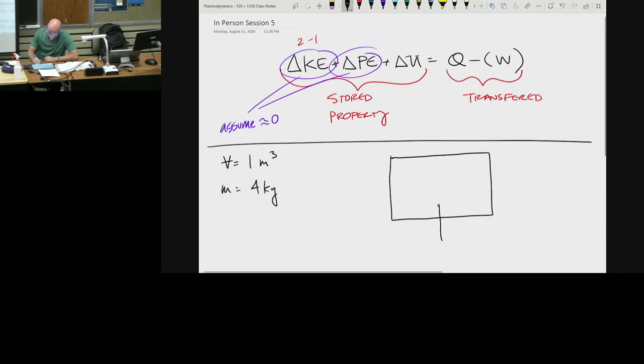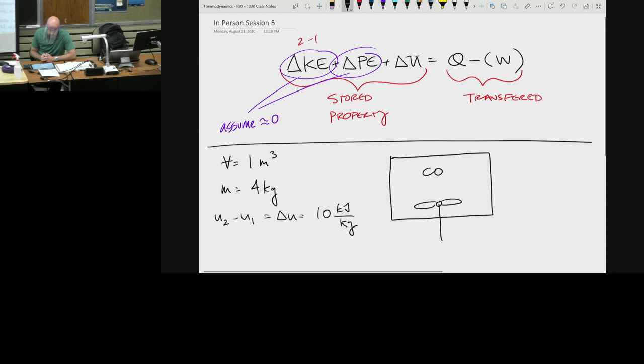And we're going to put a paddle wheel inside of it, a mixer. Okay, so we're going to say carbon monoxide, sorry. All right. Now, we also know that U2 minus U1, or the change in specific internal energy, is going to be 10 kilojoules per kilogram.